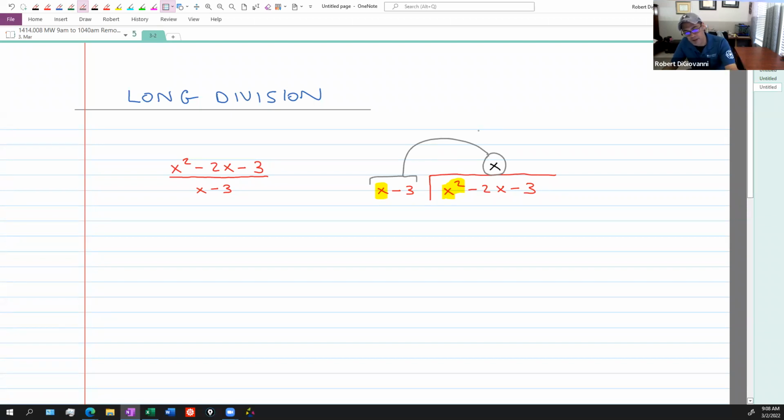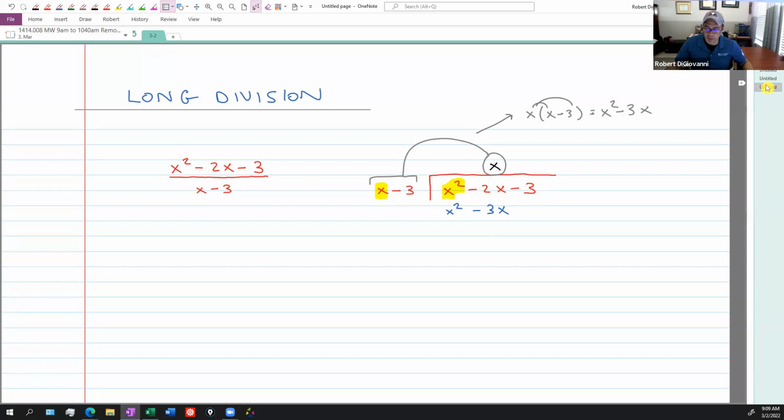What that really means is we take x and multiply it by x minus 3, so you have to multiply it times both. So you get x squared minus 3x, and that's what we will put underneath here. I'm going to put that in a different color: x squared, minus 3x. Any questions there?